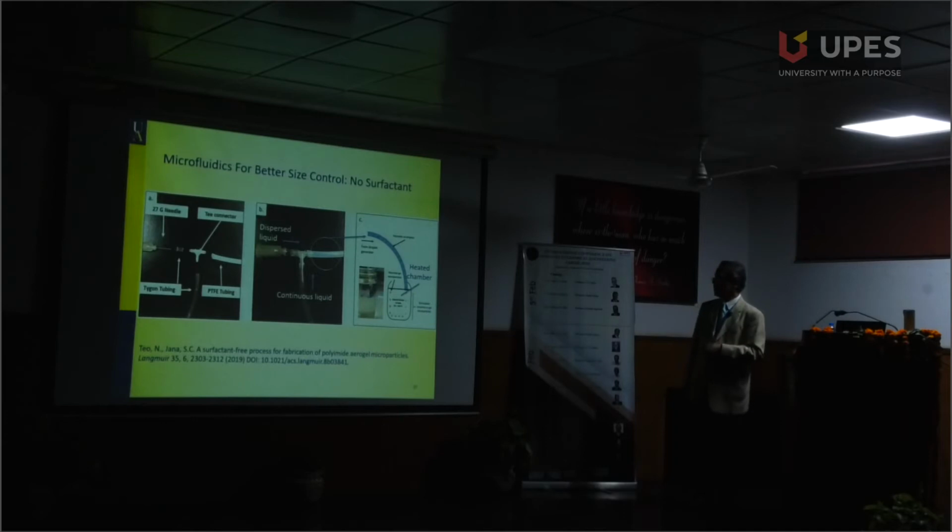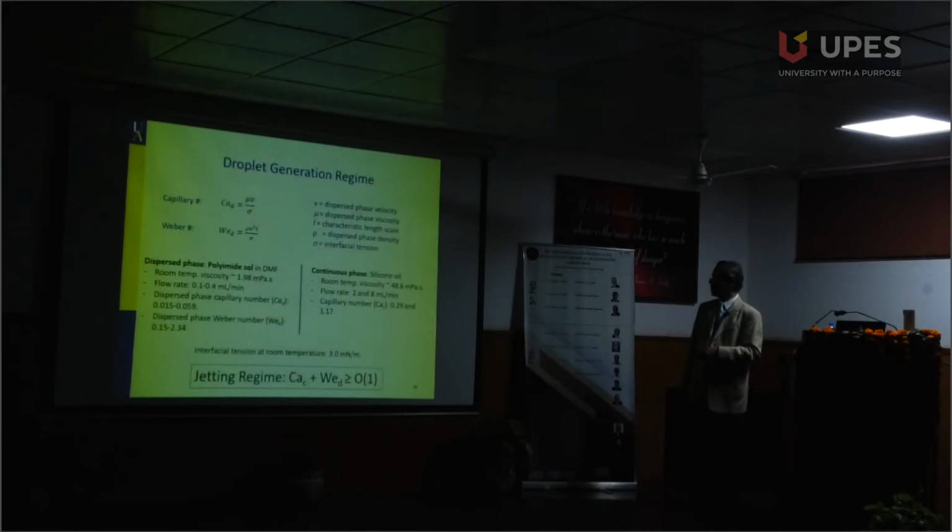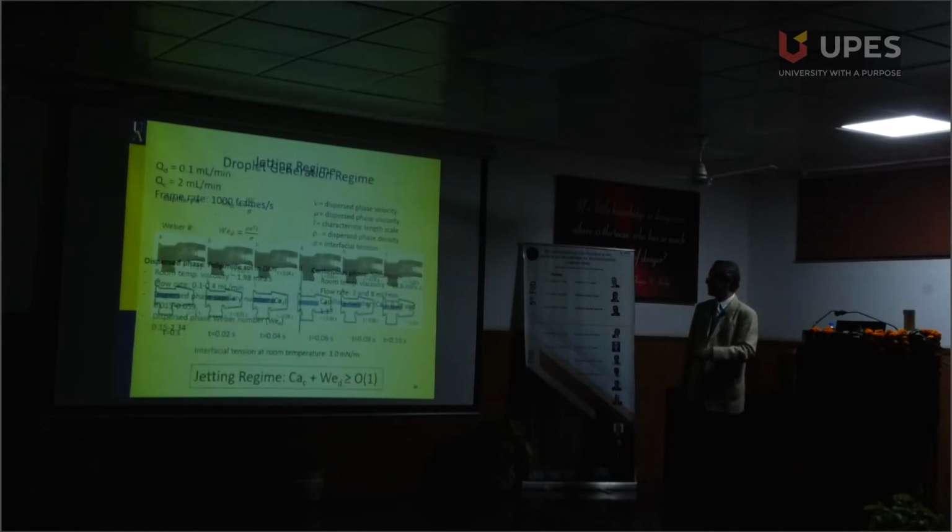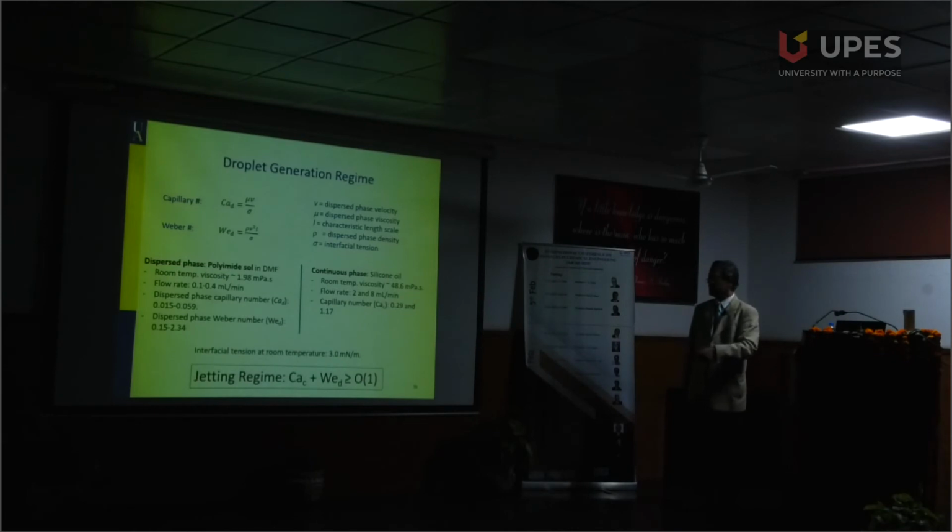A paper is out in Langmuir now on this, and another paper is out on the core-shell regime. We looked at the regime, but that's not important for the talk today, because I have a few other things to share with you, and it is actually in the jetting regime.